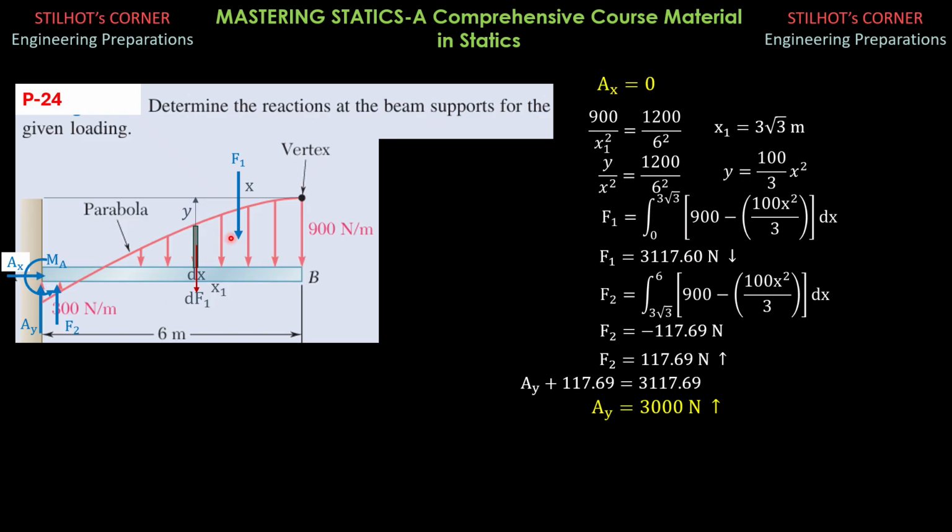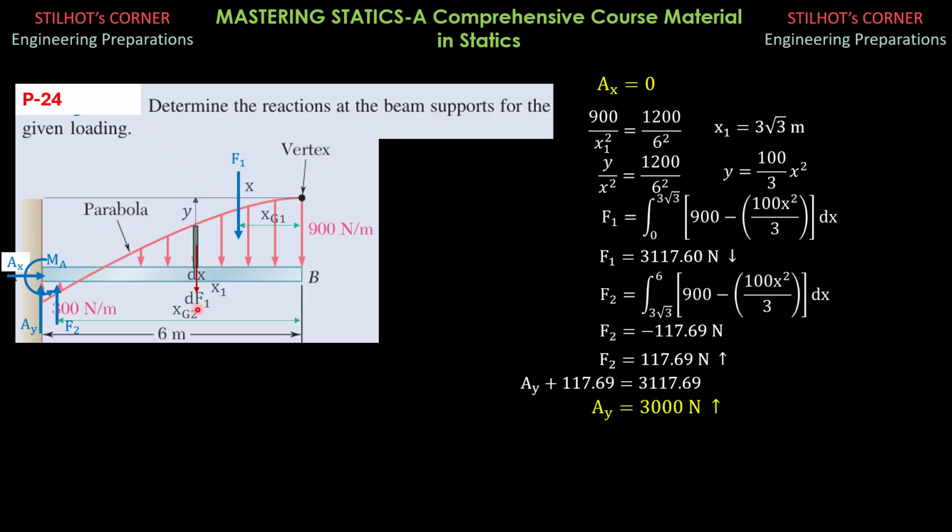So by integration, I'll call the location of F1 from the right as xg1 and F2 from the right as xg2 as shown. By Varignon's theorem, F1 times xg1 equals the integral of the moment of this differential force.